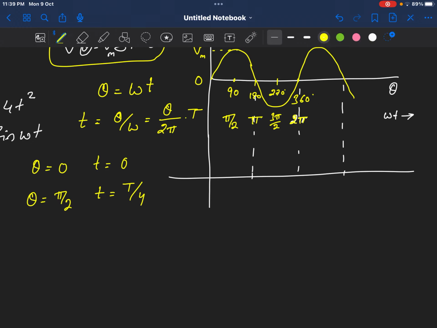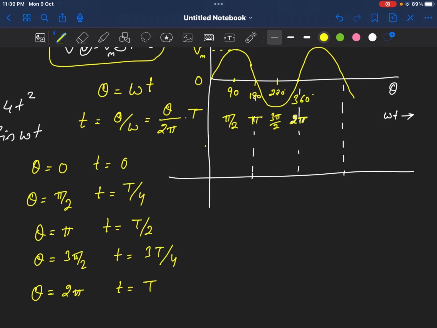Similarly, if theta equals pi, t is equal to T by 2. And theta equals 3 pi by 2, t is equal to 3T by 4. And theta equals 2 pi, time is equal to T.